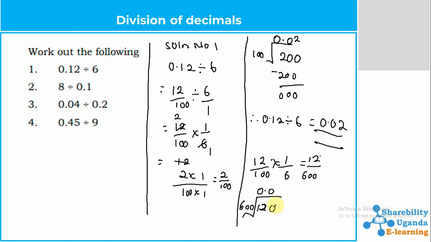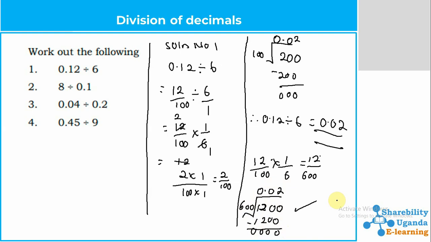So now this is 1200 divided by 600. So we shall still get a 2. When we multiply 2 times 600, we shall get 1200. So when we subtract this, we shall still get our answer. That's how we can be able to solve such numbers.